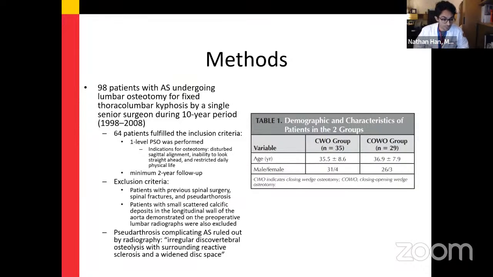Pseudoarthrosis complicating ankylosing spondylitis was also ruled out via X-rays, which they defined as irregular discovertebral osteolysis with surrounding reactive sclerosis in a widened disc space. And here in table 1, we can see some of the demographics and characteristics of the two arms in the study.